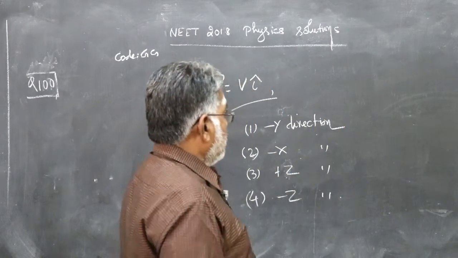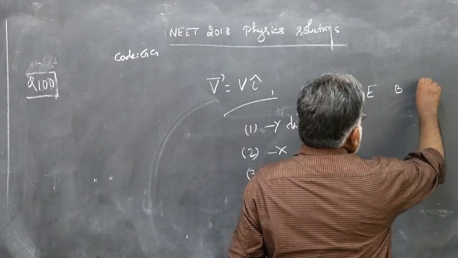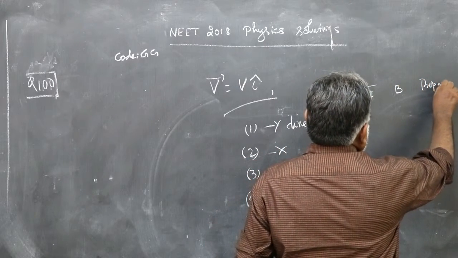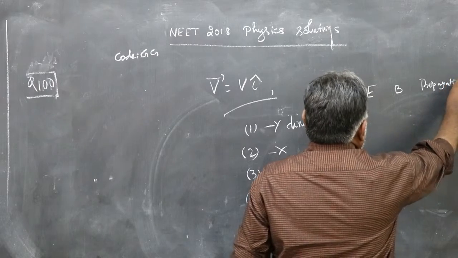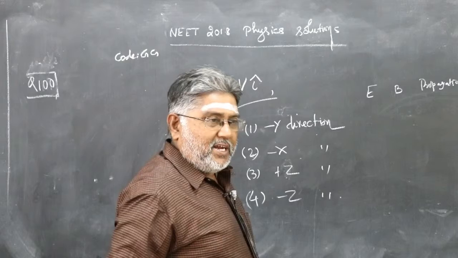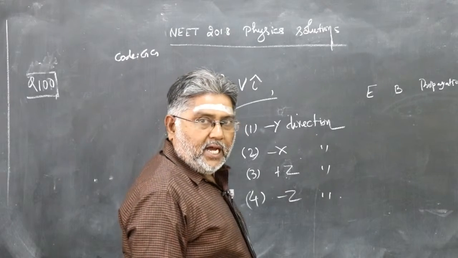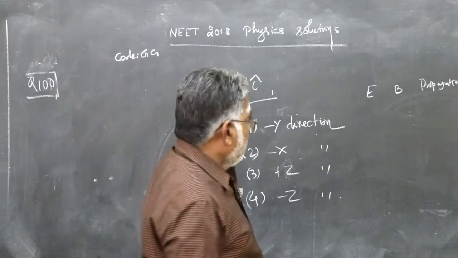See, in an electromagnetic wave, electric field, magnetic field and direction of wave propagation form a right-handed system of directions, just like i, j, k.